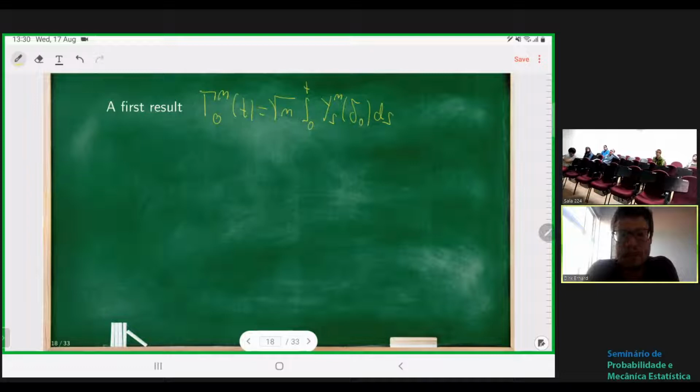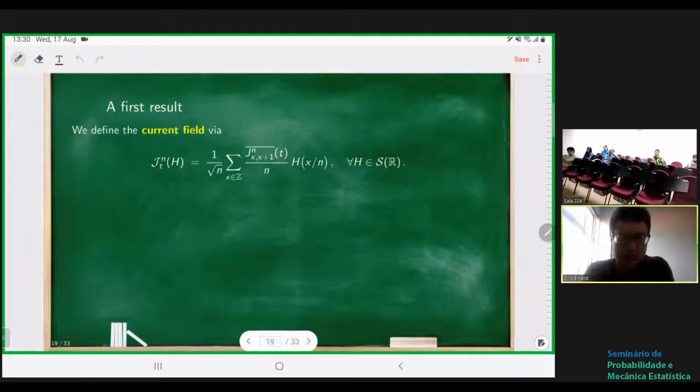So you may ask yourself if the same also holds true for the current, and the answer is yes, at least globally. To formalize this, we need to look at the current field, which we introduce here. Again, you take some Schwartz function H, think of a function of compact support, for instance.